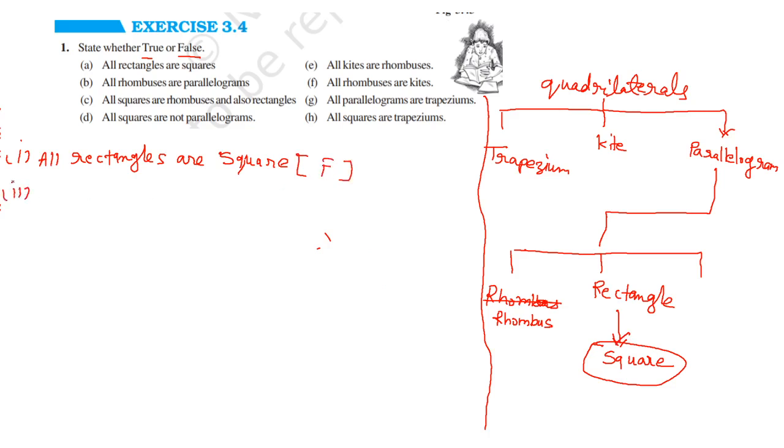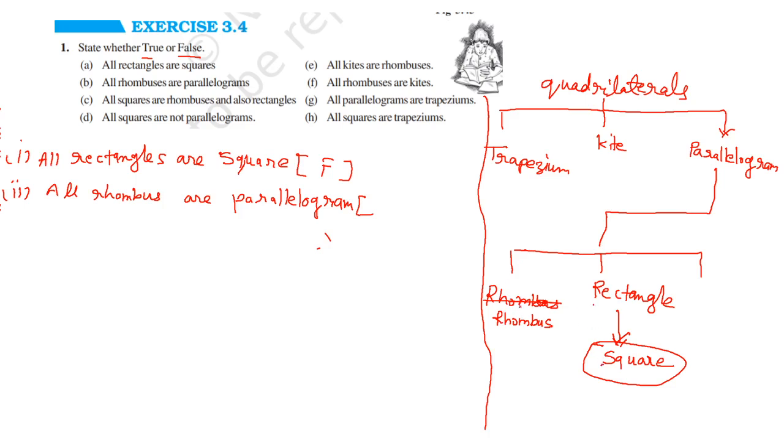Now see the second one. All rhombuses are parallelograms. Here you can see the special types of parallelograms are rhombus, rectangles, and squares.